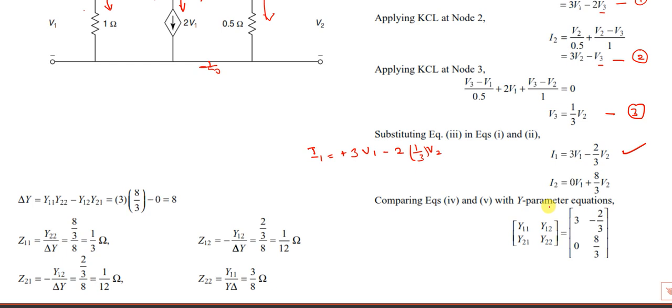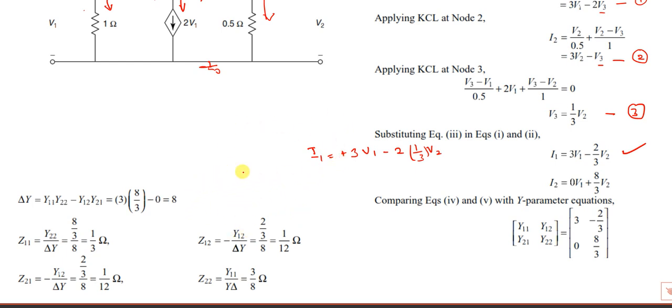After that, for Z in terms of Y, on the rough sheet at the end page you can try for 5 minutes and obtain it using Cramer's rule. Write the two equations of Y parameters and two equations of Z parameters, and refer to my video on how to obtain the relation between Z in terms of Y. It is very easy to remember.